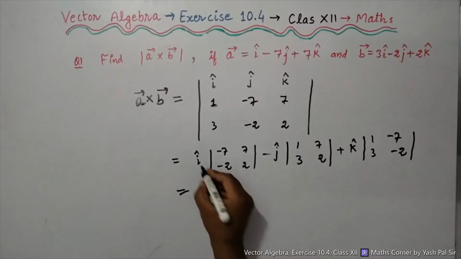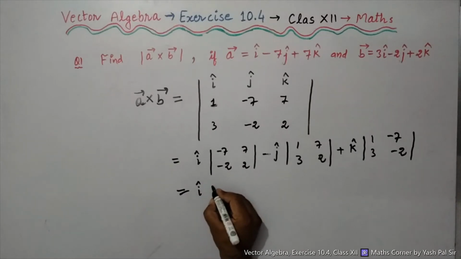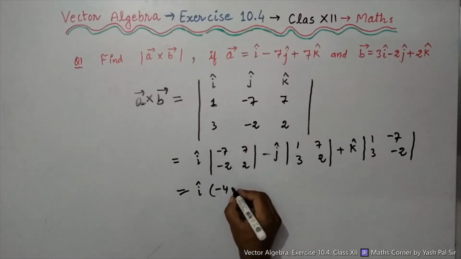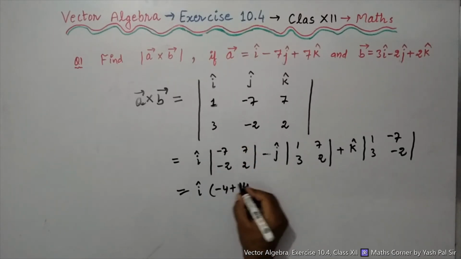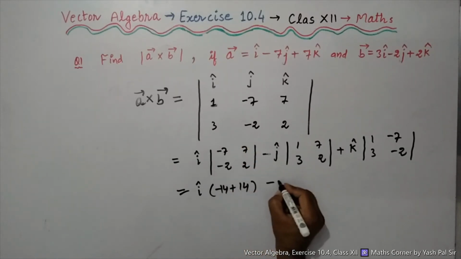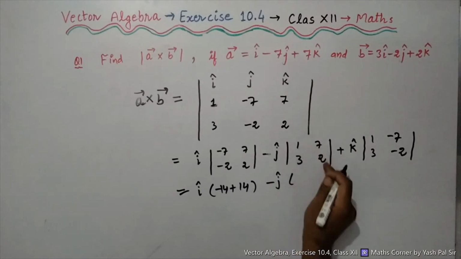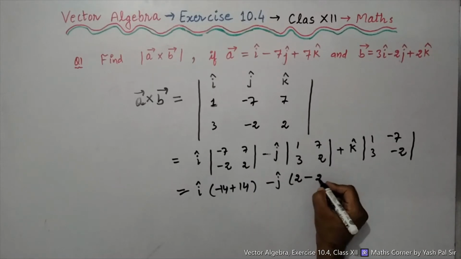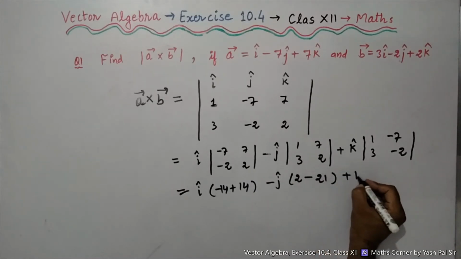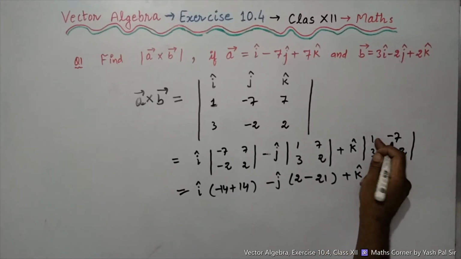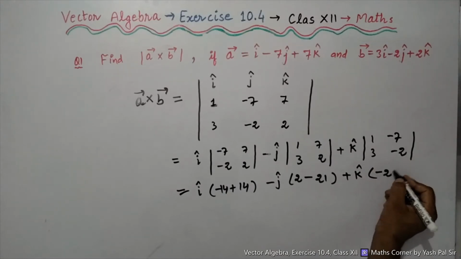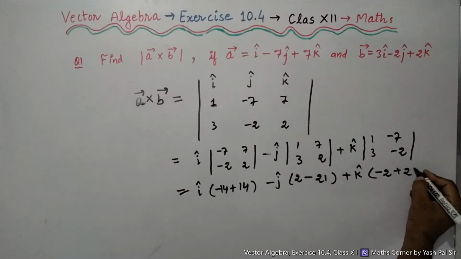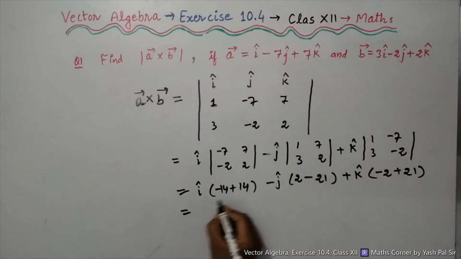Now finding the determinant. i cap, this becomes minus 14, minus minus plus 14, minus j, 1 into 2 is 2, minus 3 into 7 is 21, plus k into 1 into minus 2 minus, 2, minus minus plus 7 into 3 is 21.